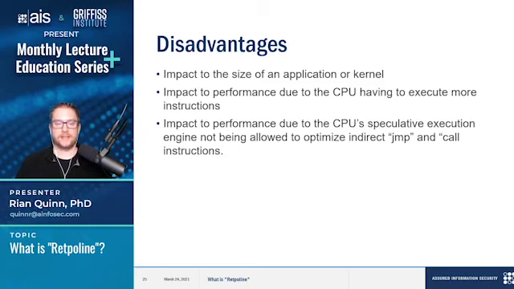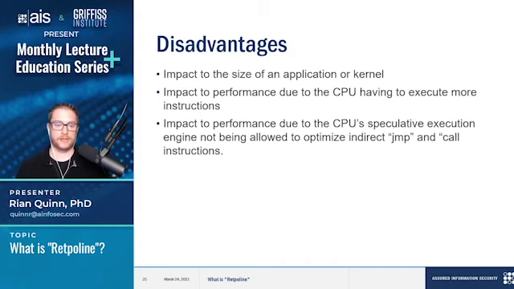The way that it does that is it controls the way that speculative execution is executed to ensure it's always executing our benign logic. The obvious first issue, which we just touched on, is the impact to the size of your application or kernel. Now, again, if you use out-of-line Retpolines, you can reduce that overall impact to something that's frankly negligible.